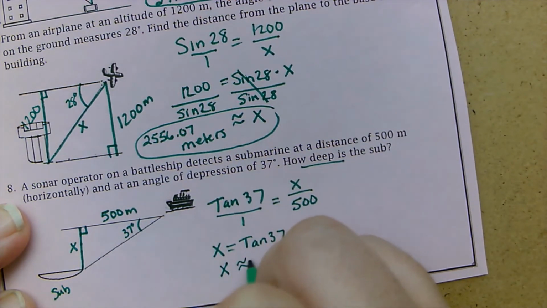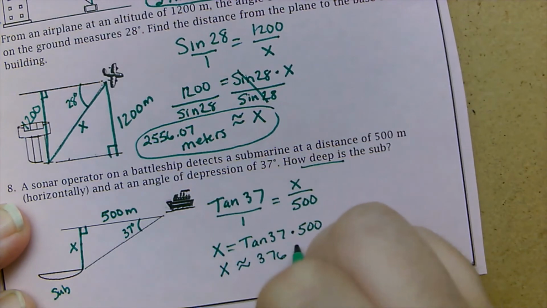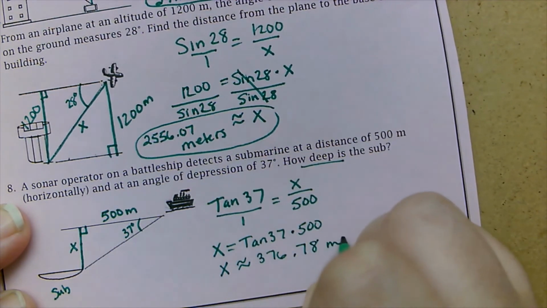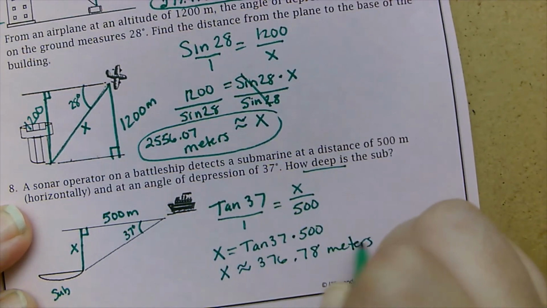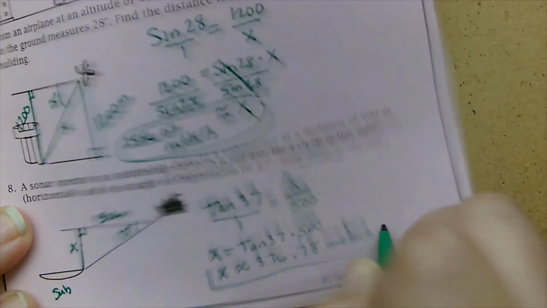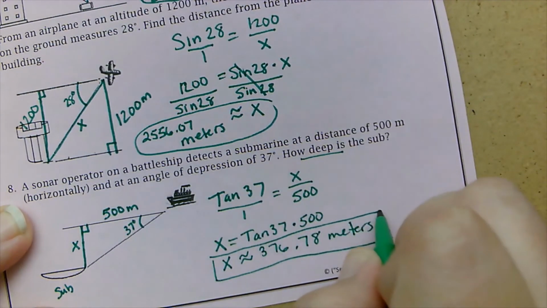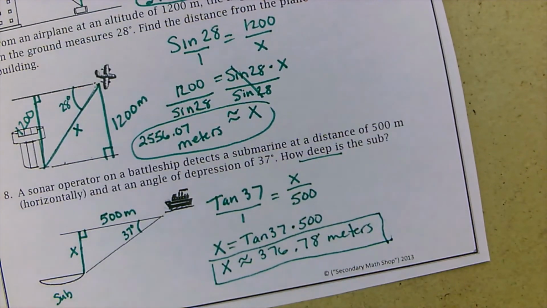So x is going to be approximately 376.78 meters. So that's how deep the sub is, about 376.78 meters.